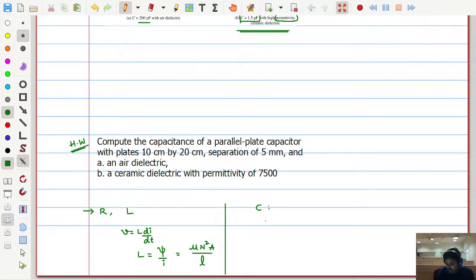The capacitor relationship I did not give, but later on I will give. So C is equal to epsilon A by D. You can see from this expression, if I vary this epsilon, A, D, how the capacitance is going to change. And apart from this, Q is equal to CV expression is also very important. So try to get aware of all these expressions before going to the circuit analysis part.